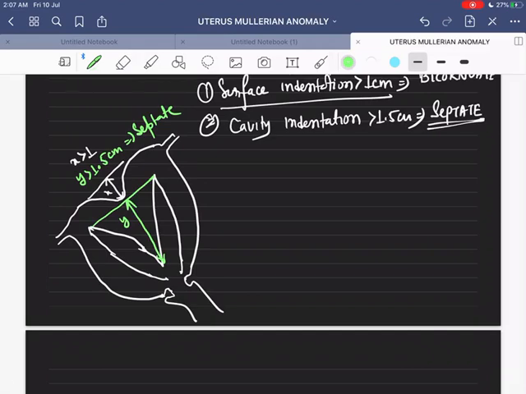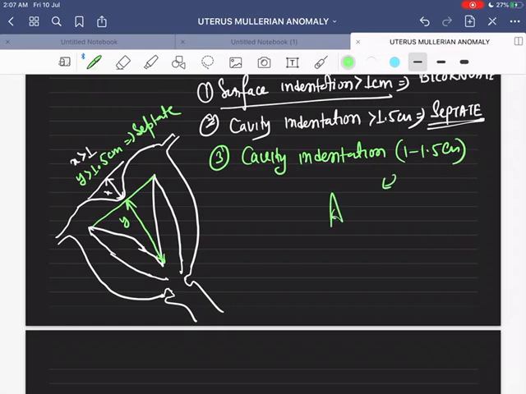And if the cavity indentation is between 1 to 1.5 centimeter, it is arcuate uterus.